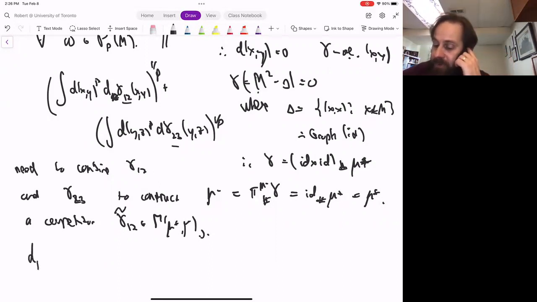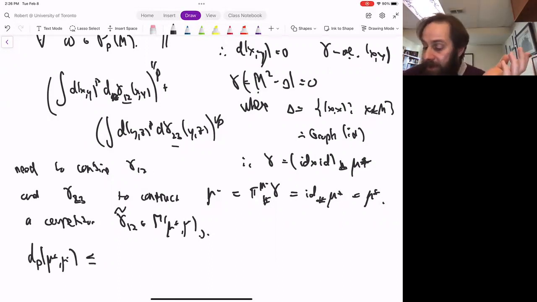The true distance between mu plus and mu minus is maybe not equal to what I get from this gamma tilde, but it should be bounded above. Whenever you have anything in here, you get an upper bound. This should be d(x,z), and sorry, this should be gamma 1 3.